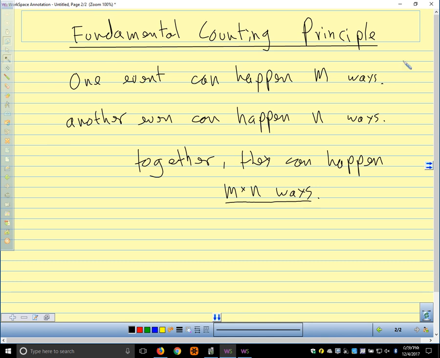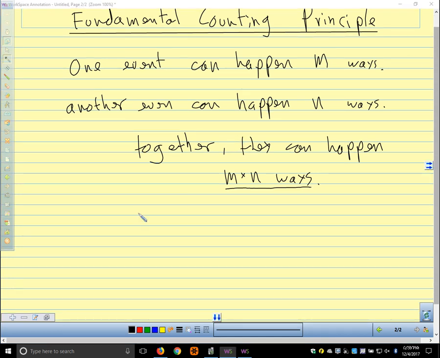All right, so let's look at a couple of examples of the fundamental counting principle. Let's say we want to make a PIN number or a password. We want a 3-letter PIN, and I'm going to say with repeats.